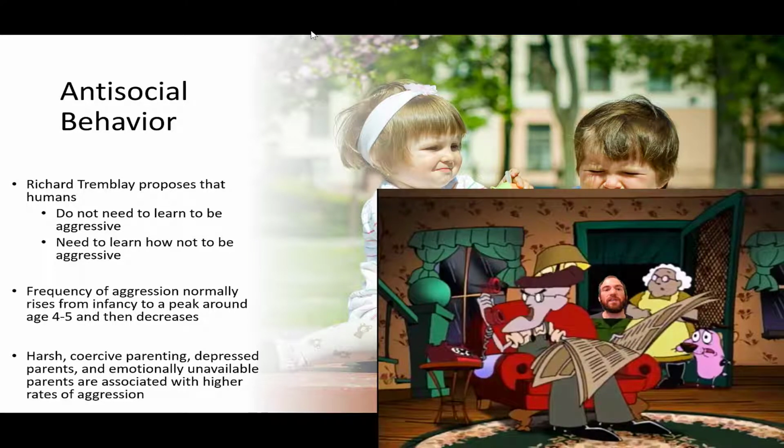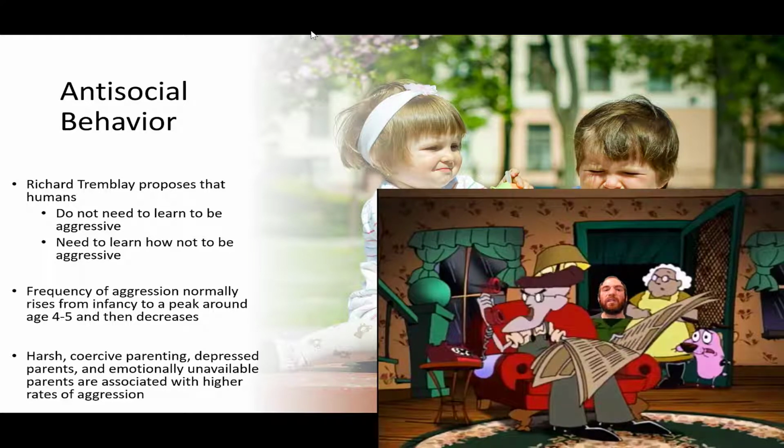So this researcher is arguing that aggression increases, and again by aggression we don't mean lethal aggression here, but maybe stealing a toy from someone else or slapping or something along those lines, increasing up to age 4 to 5 and then decreasing with age.